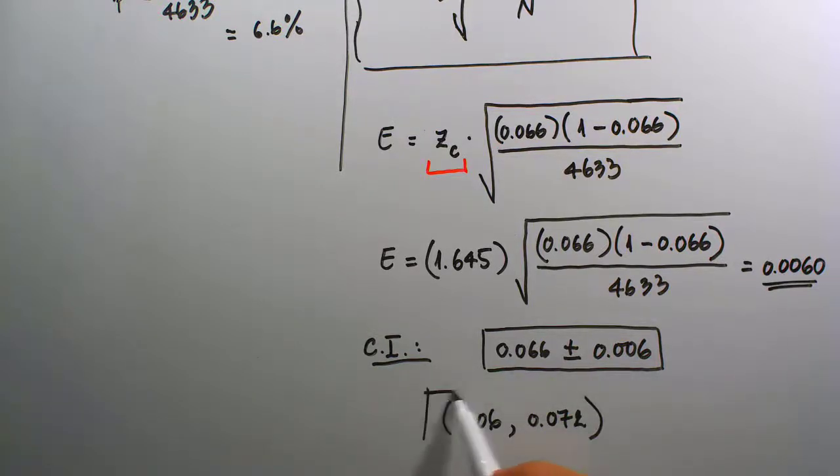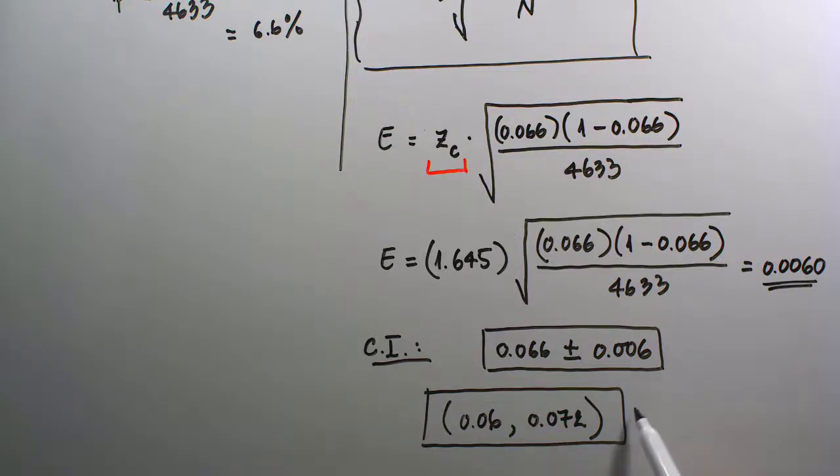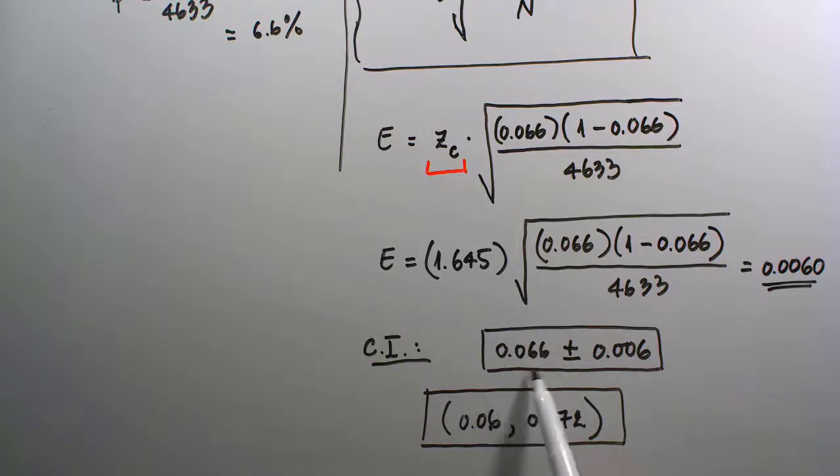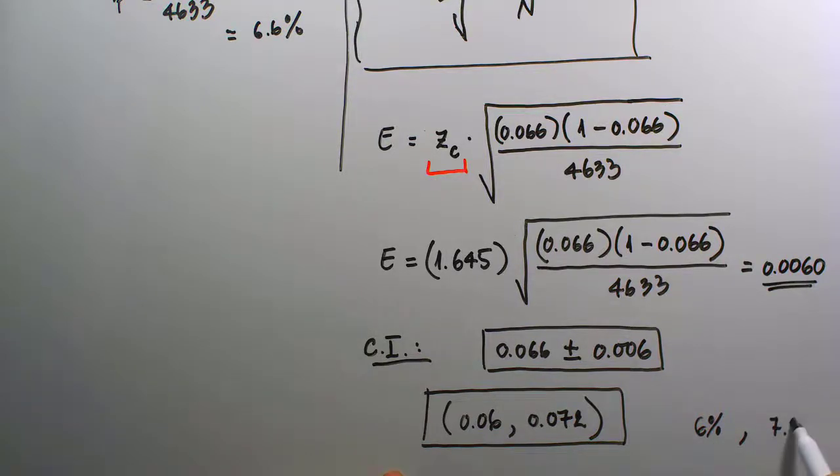So it depends on the viewers' comfort with reading intervals. But if this format is more comfortable for anyone viewing the video, then you can think of it this way: according to our sample on that day, July 26, 2020, if the sample proportion was 6.6%, then the statewide proportion of COVID-19 positive on that day was anywhere from 6%, that's the low, to 7.2% among the Washington residents.